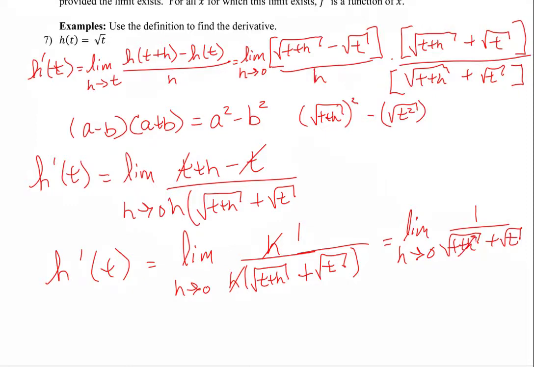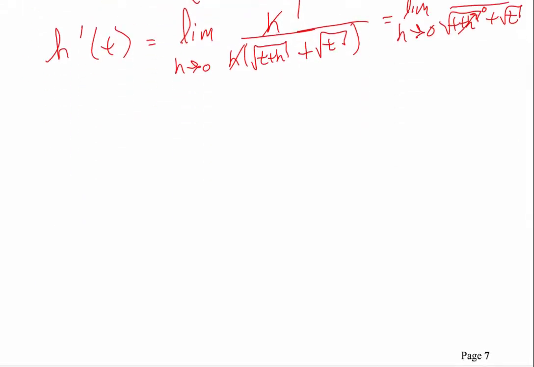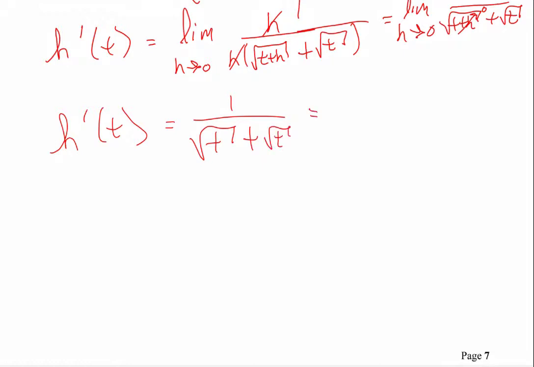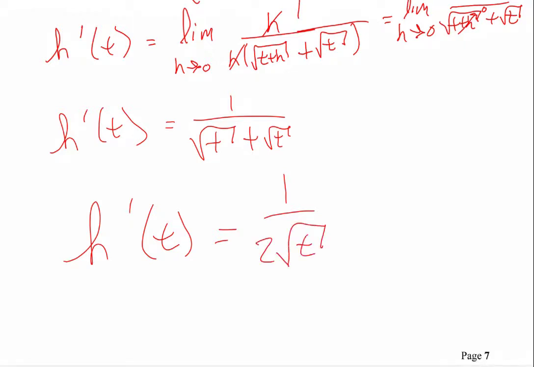As h goes to 0, this goes to 0, so I'm left with 1 over the square root of t plus the square root of t, so h prime of t equals 1 over 2 square roots of t.